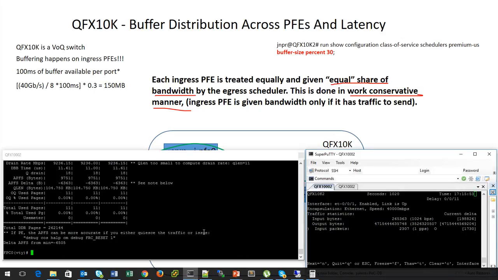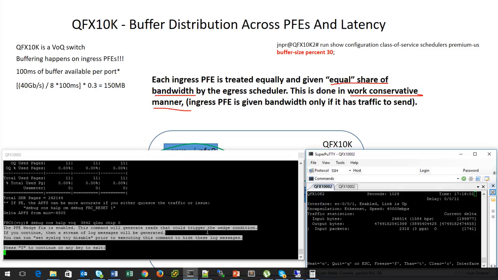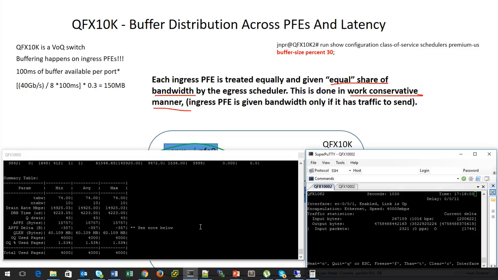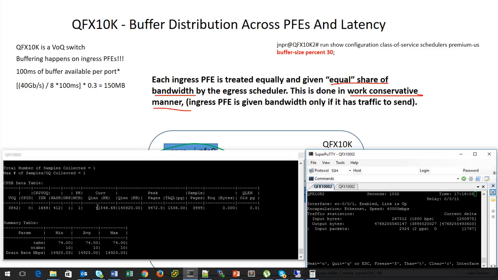Again, let us quickly check previous queues on packet forwarding engine 0. We see again that the buffer has shrunk. It's only 60 megabytes. The buffer shrunk because we know that the queue length shrunk.